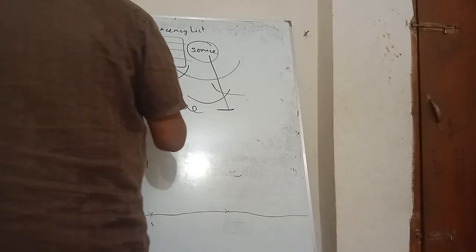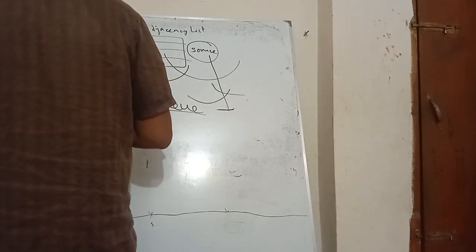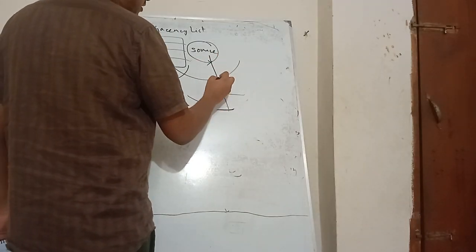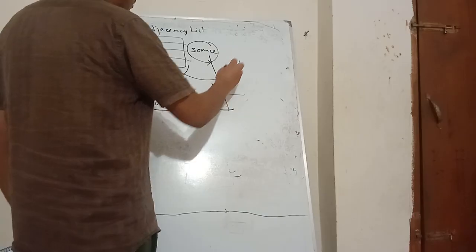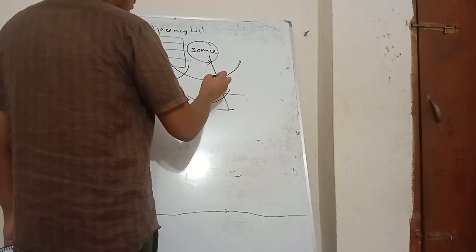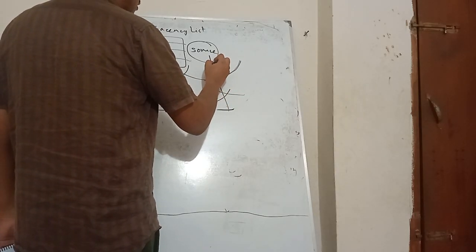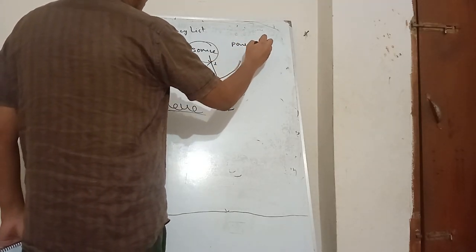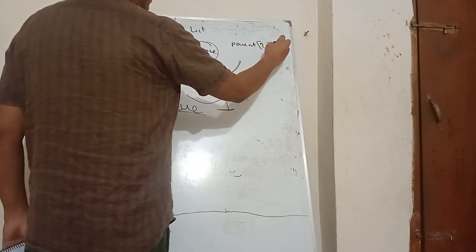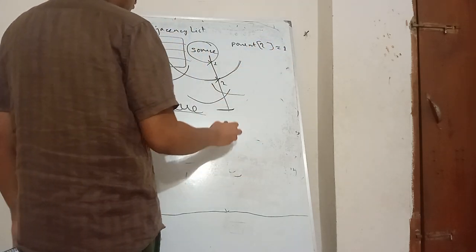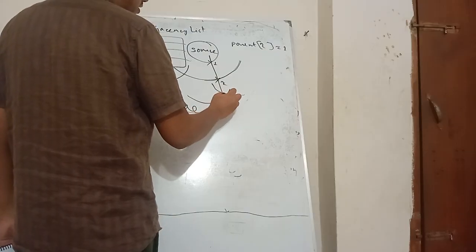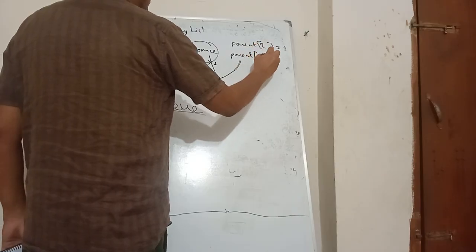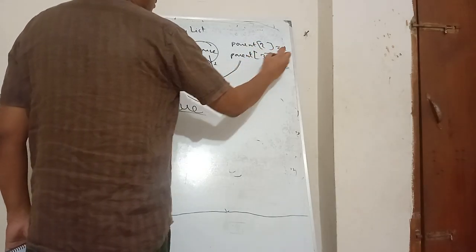Suppose from this point we reach this point, using the queue. So this is point 1 and this is point 2. So parent of point 2 is what? Point 1. From 2 we can reach 3. So parent of 3 equals 2.